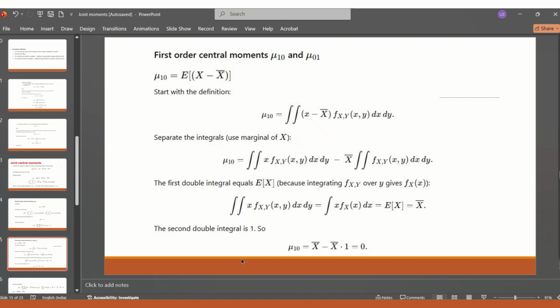The second double integral is 1, because the double integral of f x comma y of x comma y dx dy is the area under the curve. The area under the curve of a joint density function is 1. So mu 1 0 is equal to x bar minus x bar into 1, that is equal to 0. Similarly, mu 0 1 is also 0.